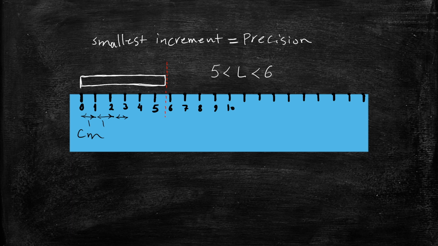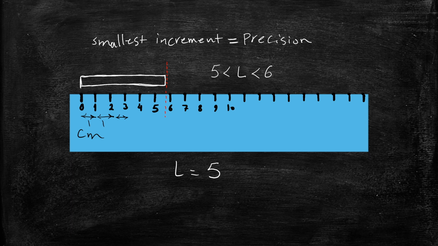This is now the next level of precision you're going to add to it. That's your estimation. So up to 5 centimeters, L equals 5 centimeters. We read that directly from the measurement tool. Now there's no more tick mark. We have already passed the precision of the measurement tool. Now we add one more digit, one order of magnitude smaller, our own estimation. So one order of magnitude smaller than 1 centimeter increments is what?